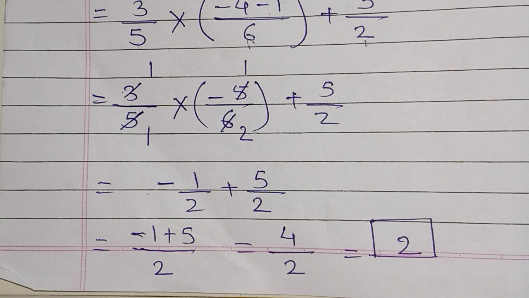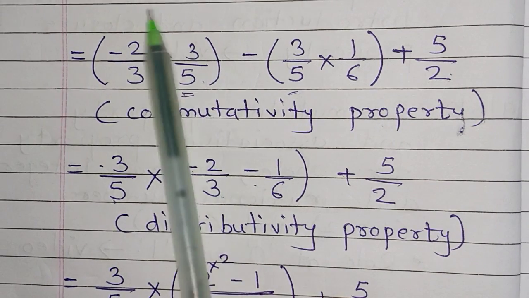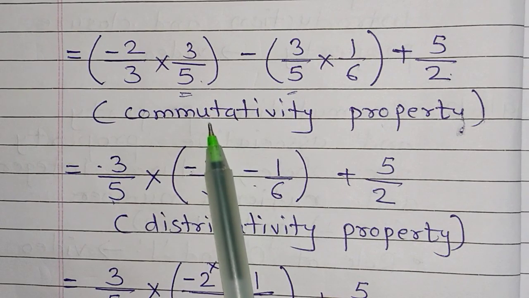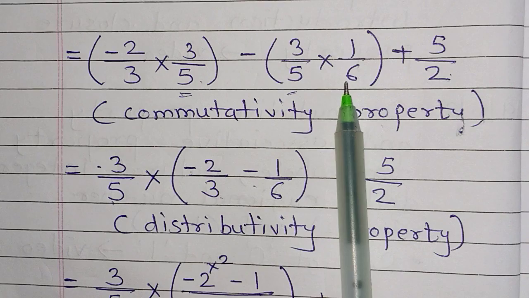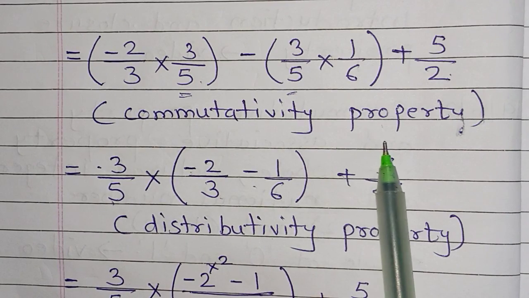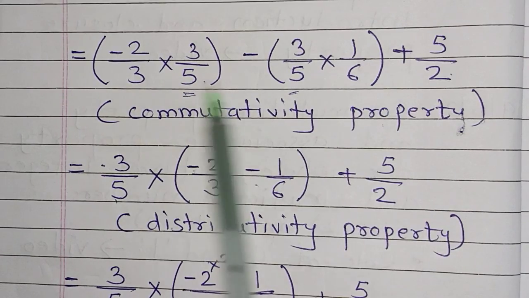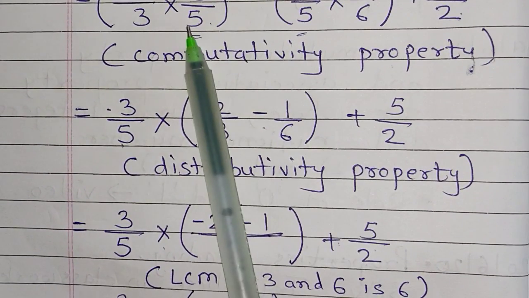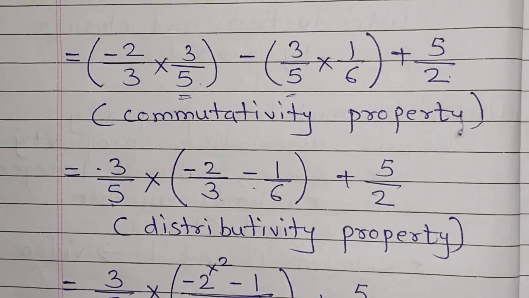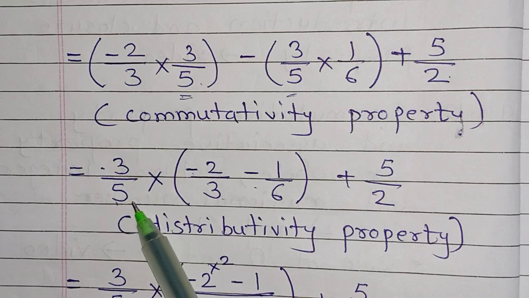Again I will show the sum to you. Just study it carefully. After writing the sum, I have put some numbers together. That is because of the commutative property. I have not changed their signs. After that, in this upper bracket, see, 3 upon 5 is common. In both the brackets I have taken it out.